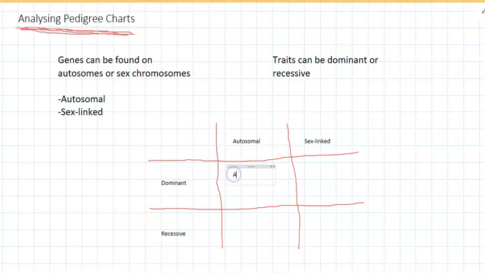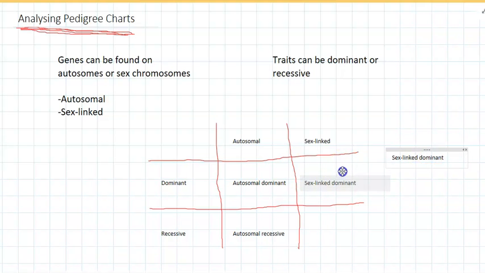So putting those together, you can have an autosomal dominant trait, you can have an autosomal recessive, and the same for sex-linked as well. You can have sex-linked dominant and sex-linked recessive.